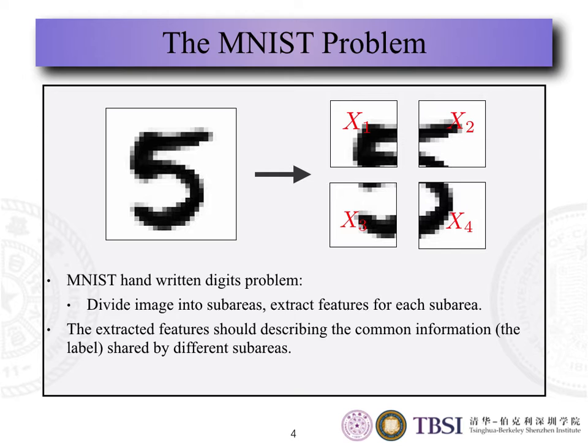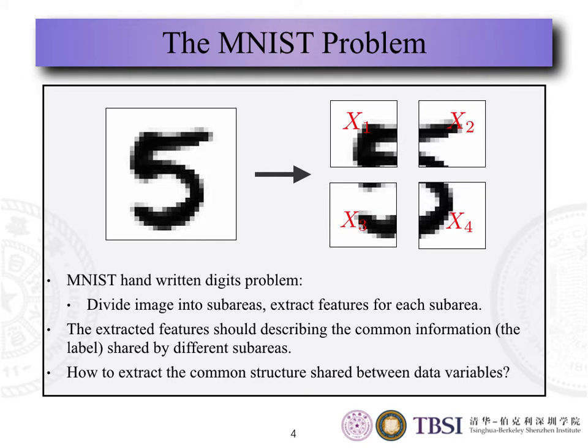So these features should all be informative about the digits, which is actually the common information shared among these subareas. Therefore, extracting features for the subareas about this common information, which is essentially an unsupervised learning problem, could be useful for the original supervised learning problem of predicting the label.